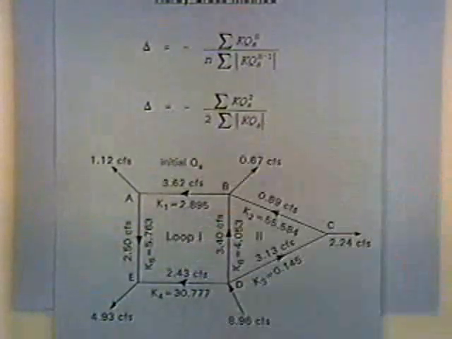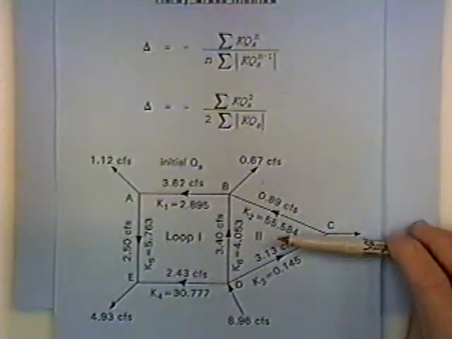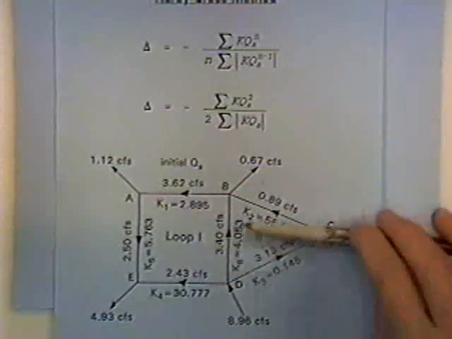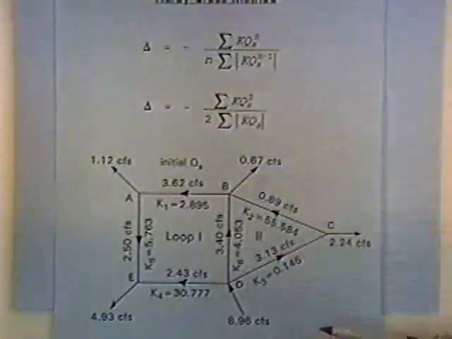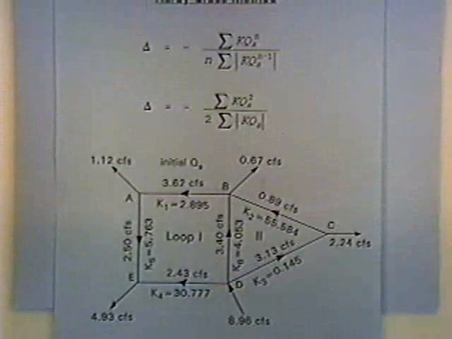That's going to give us a correction term for loop 1. And then we do the same thing for loop 2. Loop 2 has 3 pipes, so we're summing the head losses in 3 pipes, and then we've got the same expression for the 3 pipes here.